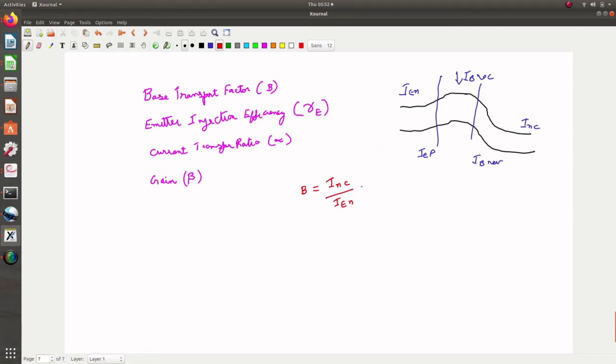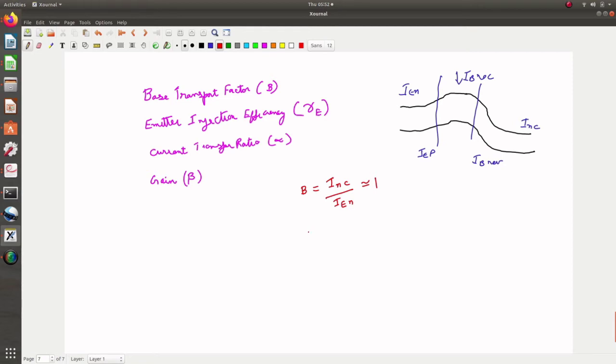So we want this to be approximately equal to 1, which means there should be very minimum recombination happening at the base, or in other words, whatever electrons move from emitter to base should reach the collector. The base transport factor gives us the idea about how many electrons move to the collector.